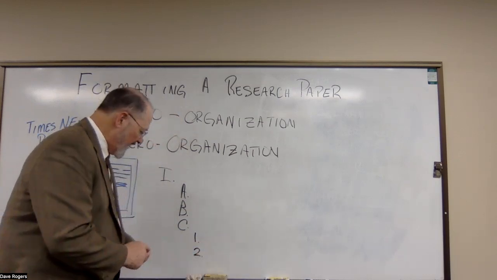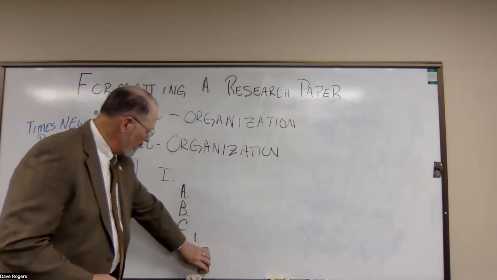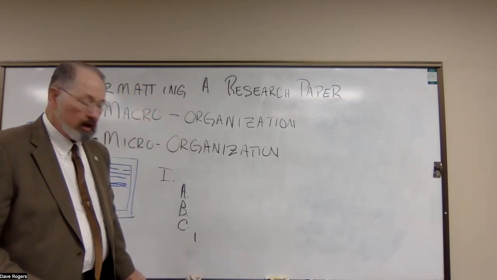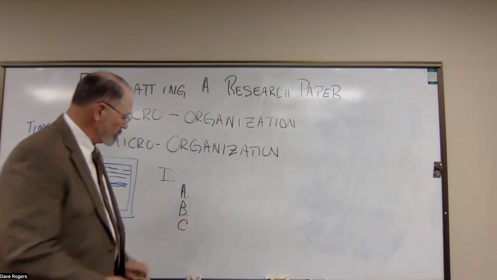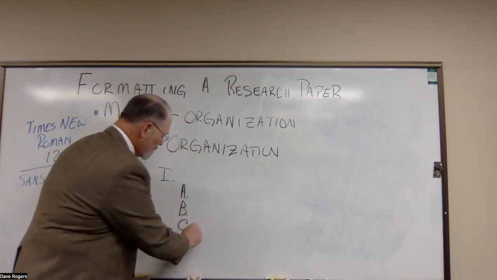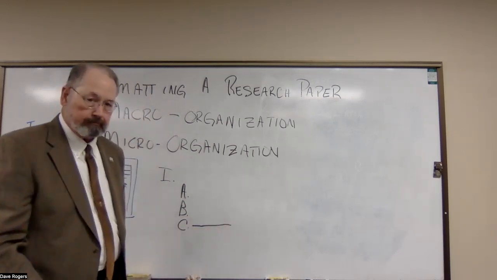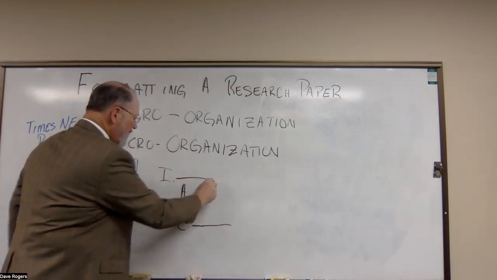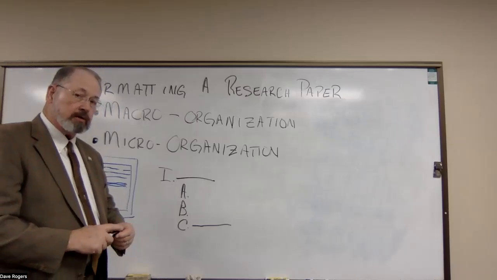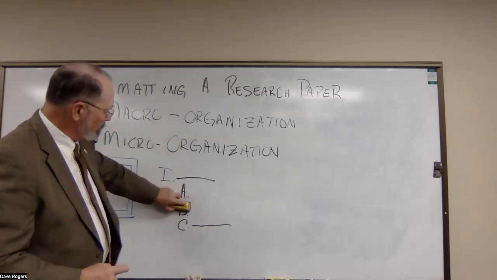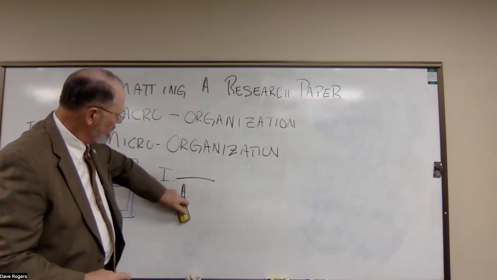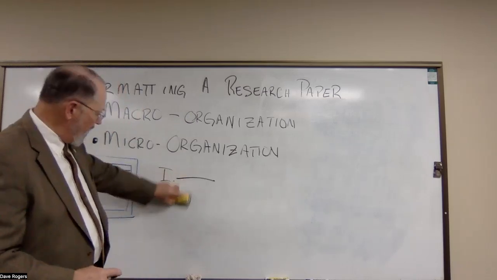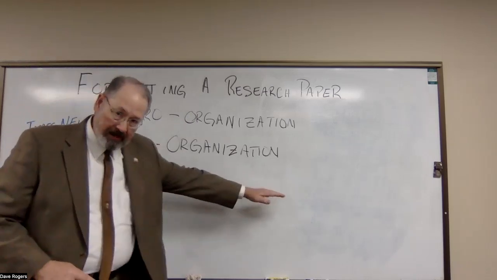But if you don't have a 2 to follow that 1, you don't have a 1. You just have the information under capital C. Under Roman numeral 1, your main point, if you don't have a B and a C, then you don't have an A. You just have that main point.